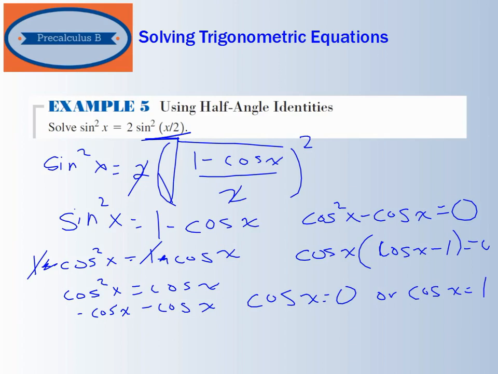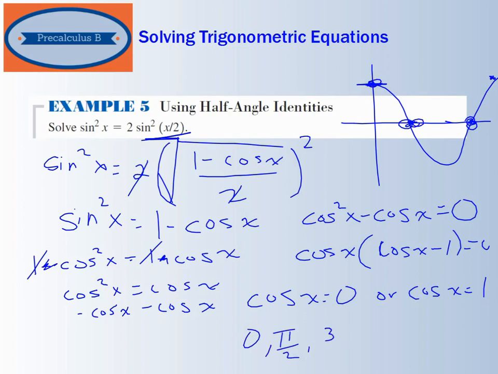If we think about our graph of cosine, it looks something like this. It's 1, it's 0, and it would be back up to 1 way over here. But if we're looking at just the interval between 0 and 2 pi, we're going to have 1, 2, 3 solutions because we don't count 2 pi. So there should be exactly 3 solutions, and they would occur at 0, pi over 2, and 3 pi over 2.